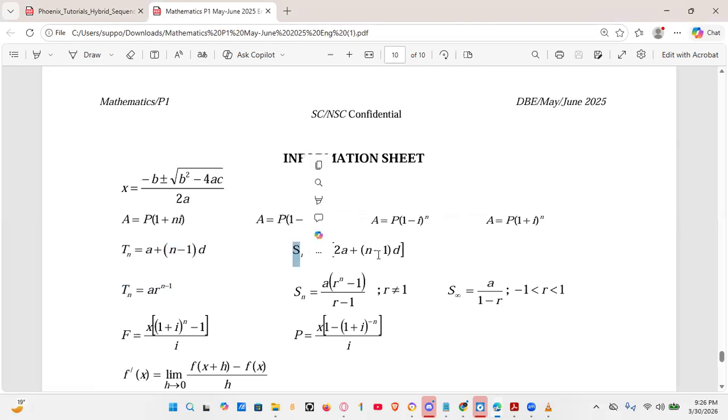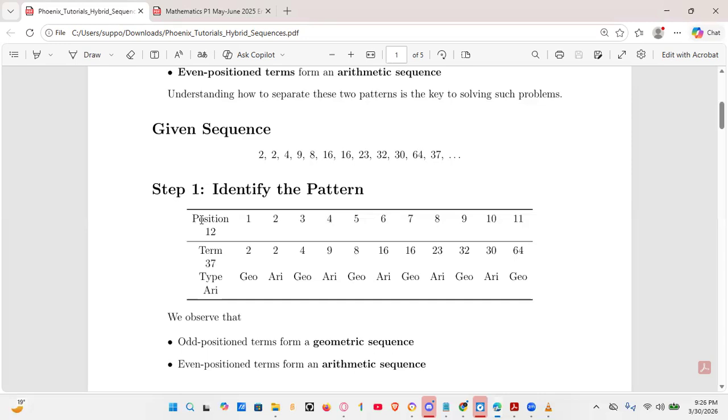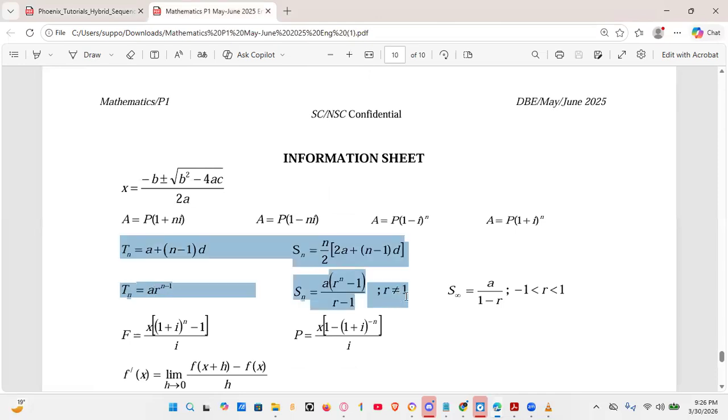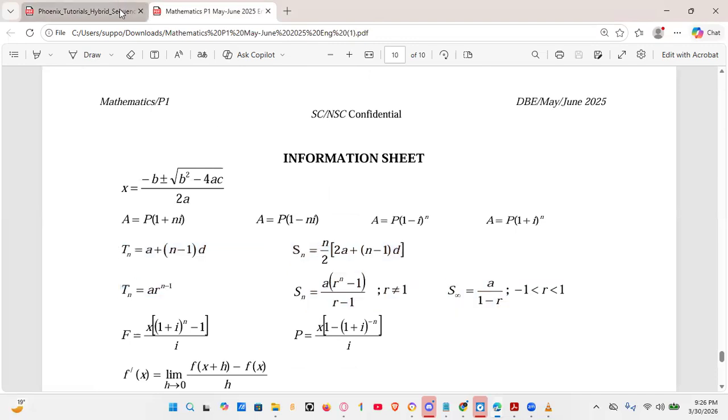Then we have the sum formulae, sum of an arithmetic and sum of a geometric sequence. Okay, so now we can see that for our odd positions, we have a geometric sequence. For our even positions, we have an arithmetic sequence. And we can easily find the equation of these sequences using formulas that we know. So we'll use all of those formulas for sequences.